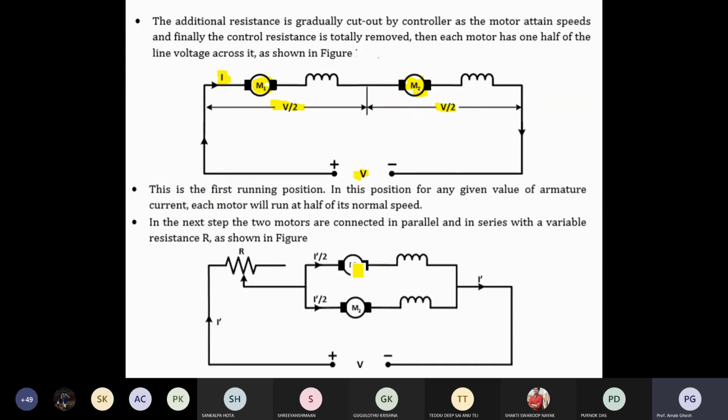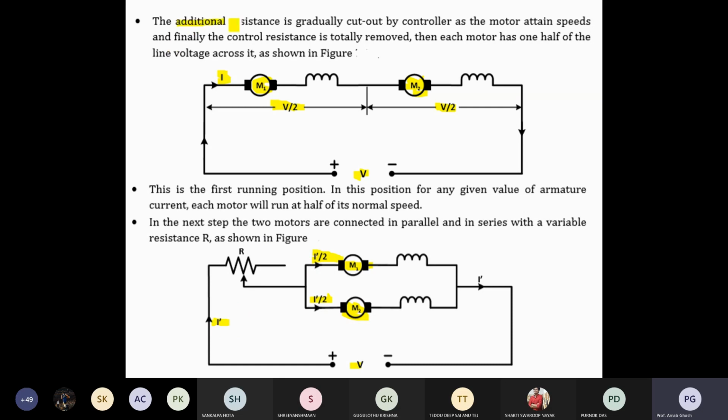For the parallel connection, V is applied across each, so the current is I dash by 2 in each, I dash equal to I dash by 2 plus I dash by 2.